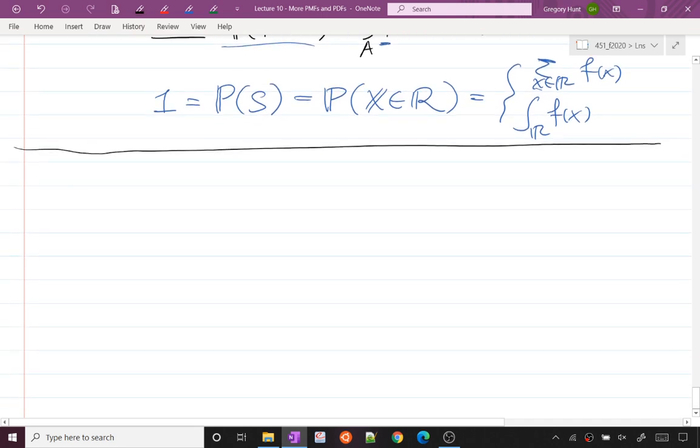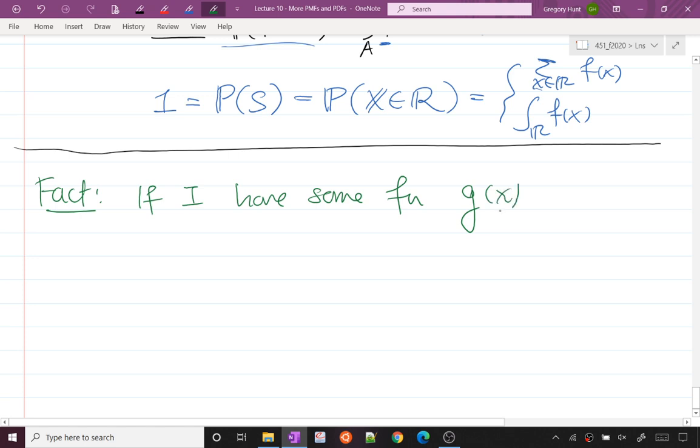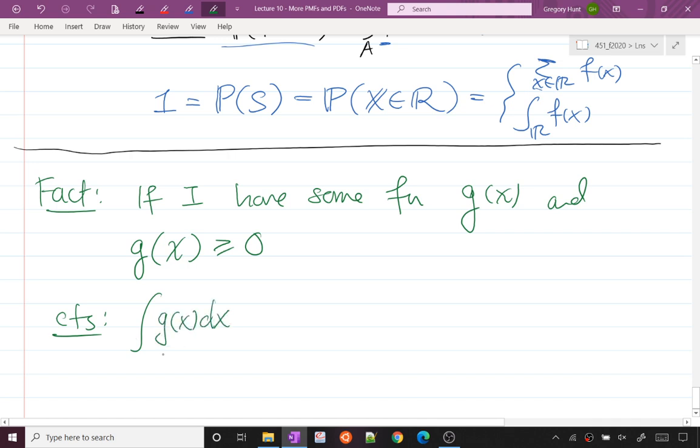A more useful fact is that if I have some function, let's say g of x, and g of x is always positive, we can turn g into a valid PDF. For example, in the continuous case, if we look at the integral of g of x dx over all real numbers, now, it might not be 1.